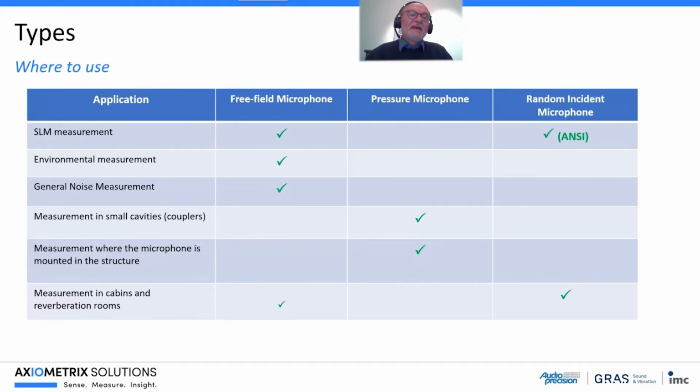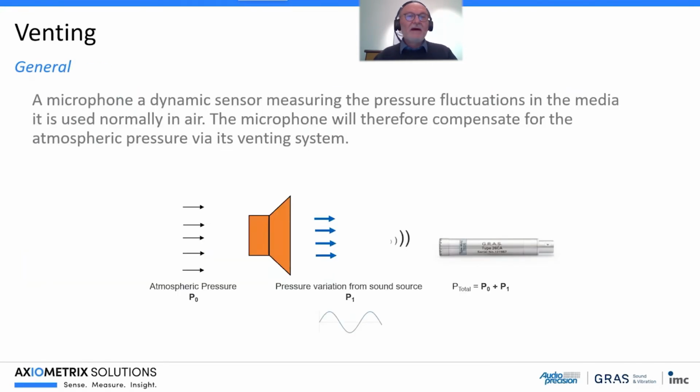For measurements in cabins and reverberation rooms, you will normally use a random incidence microphone, but we also know that there are some customers who are using a standard free-field microphone. And I can see that it's almost 8 o'clock now. I will speed up.